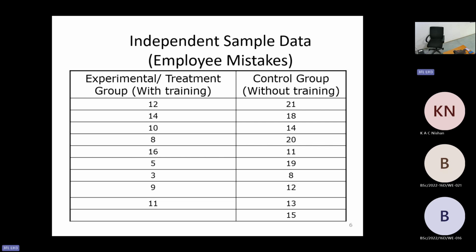And then I am going to give the training only to the experiment group. Let's say this is the training. I give the training here. Then this one is not given training.